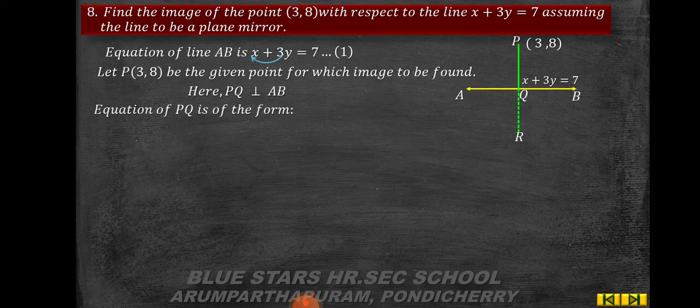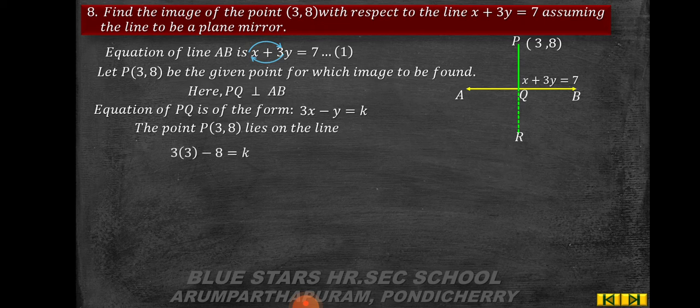Therefore, the equation of PQ is of the form 3x - y = k. We have to convert the y coefficient into the x coefficient and the x coefficient into minus of the y coefficient, which is equal to k. The point P(3, 8) lies on the line.